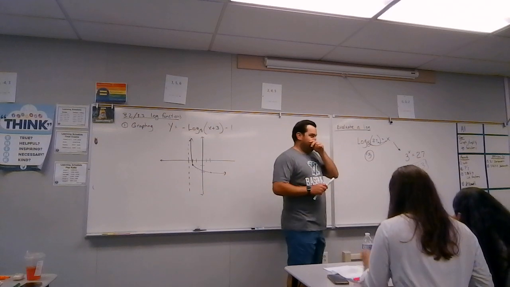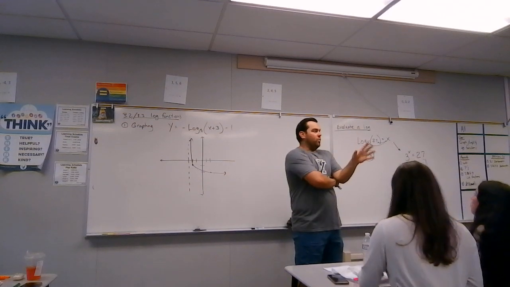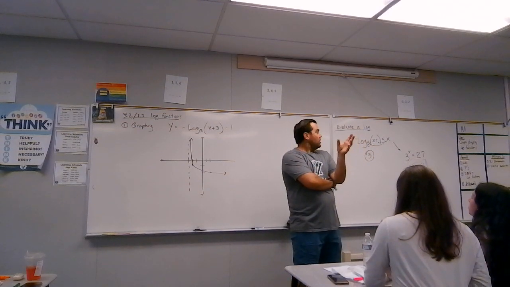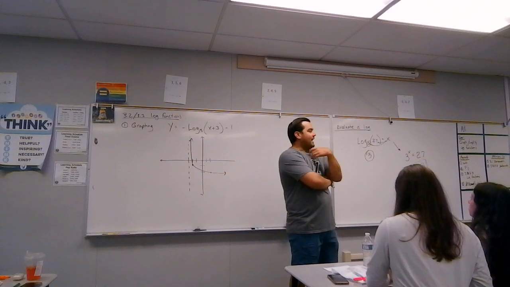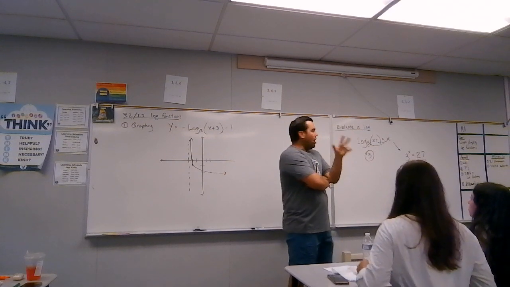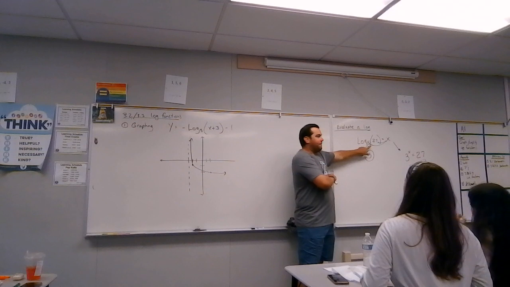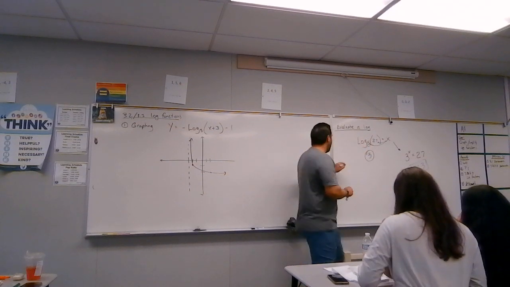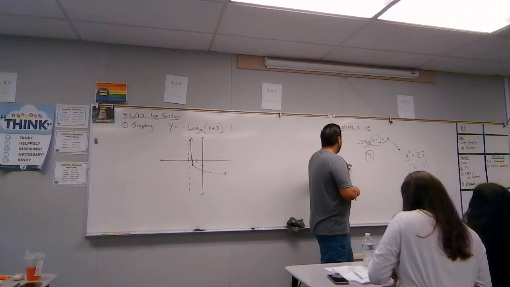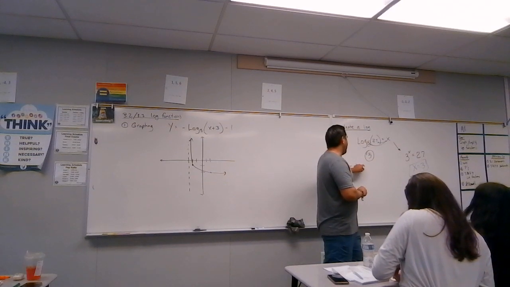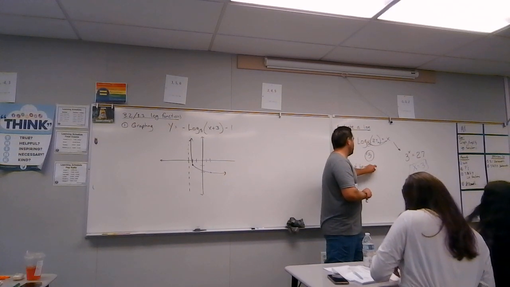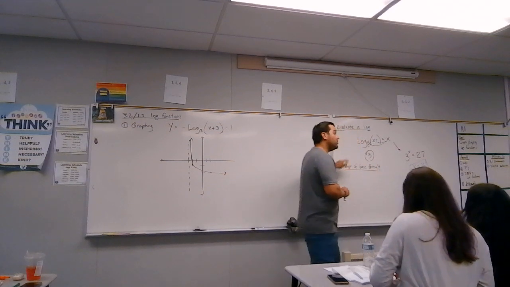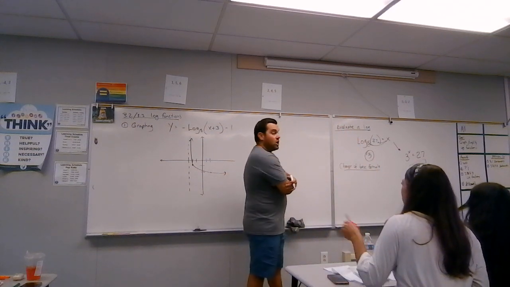All right, real quick, I do want to show you one other thing. Our calculators don't always do logs in base 3. Our calculators use log base 10. So there is something called the change of base formula, which you also could have used to evaluate this.